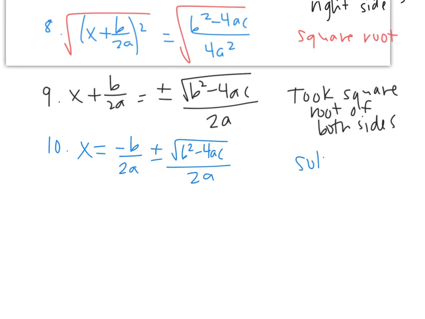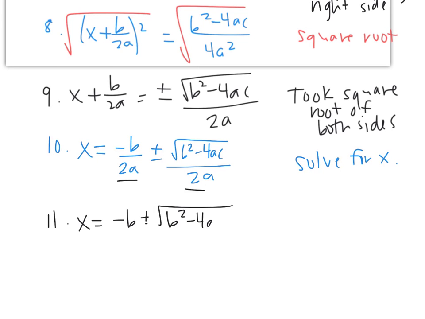So I solved for x. Now I'm almost done, but I can simplify this a little bit further. Since I have a common denominator of 2a on the right-hand side, I can write the whole right-hand side as one term, with one denominator. So x equals negative b plus or minus the square root of b squared minus 4ac all over 2a.